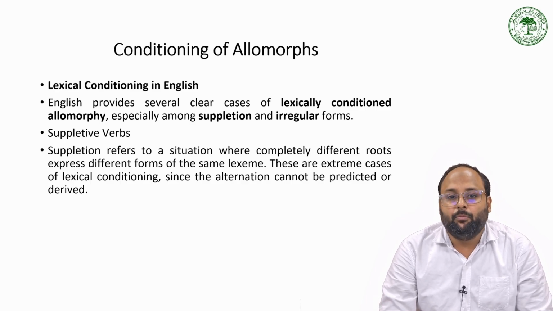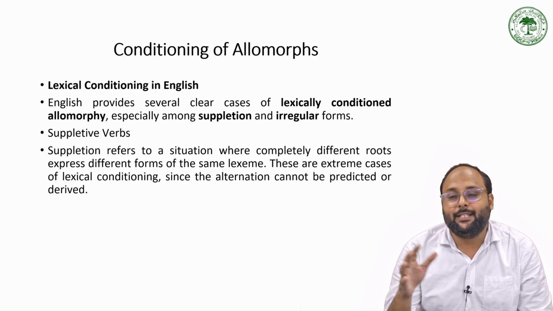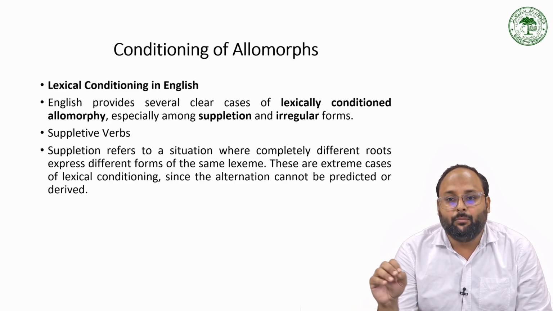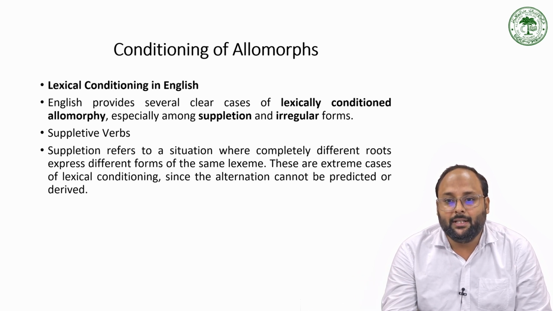Lexical conditioning provides several clear cases of allomorphs, especially among suppletion and irregular forms. In English, there are some examples of suppletion that I told you, from go to went, or from am to was, or there are some irregular patterns like child to children, ox to oxen. So these are examples of lexical conditioning.